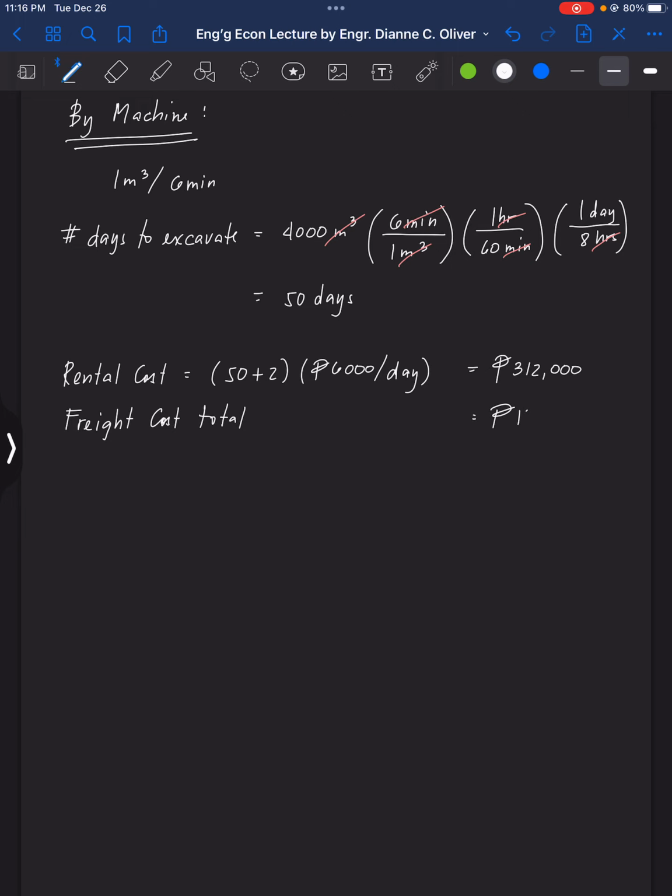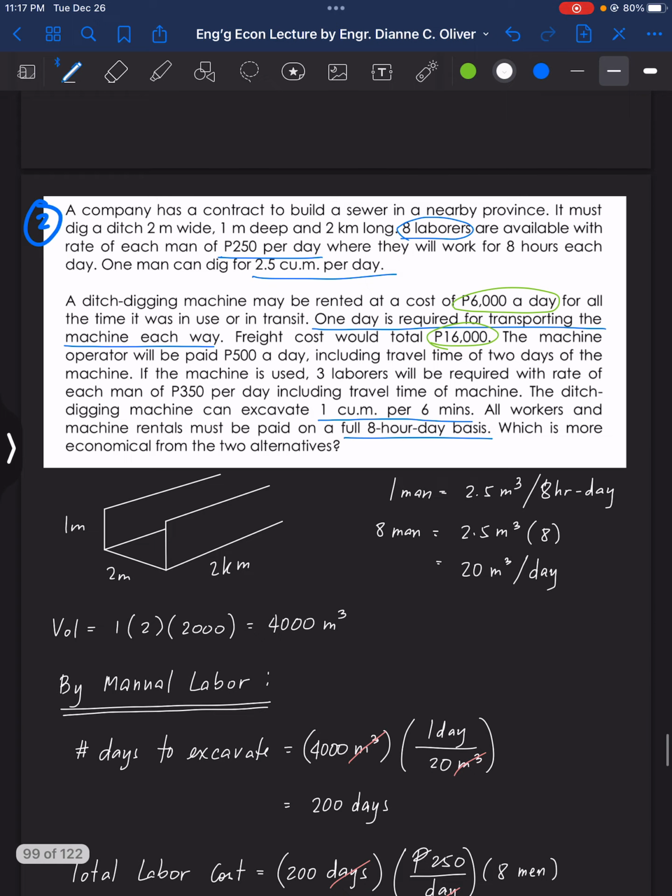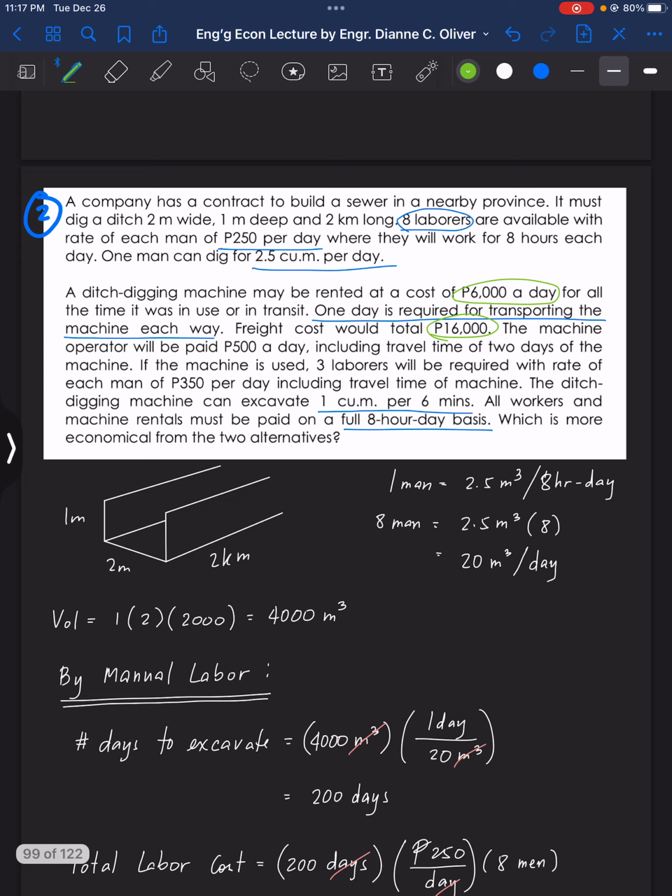That was 16,000 pesos. Next, the operator. The machine operator will be paid 500 pesos a day, including travel time of 2 days of the machine.